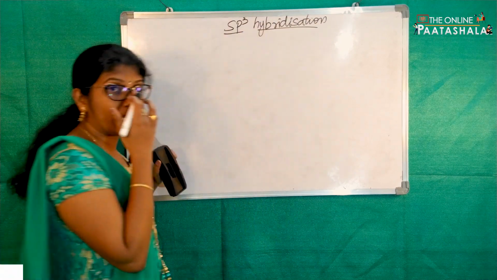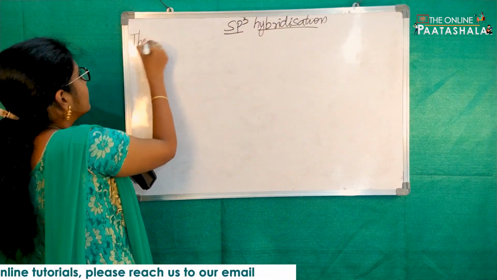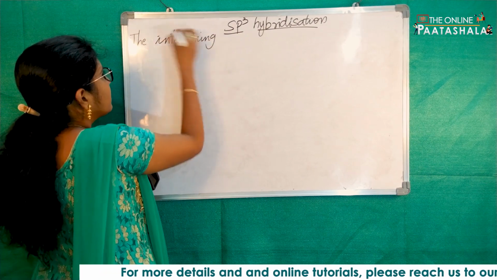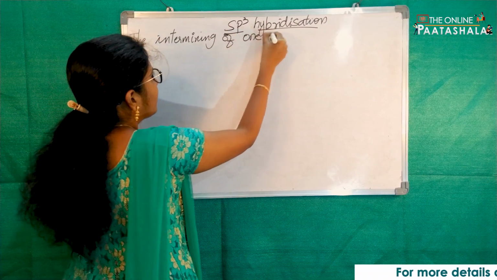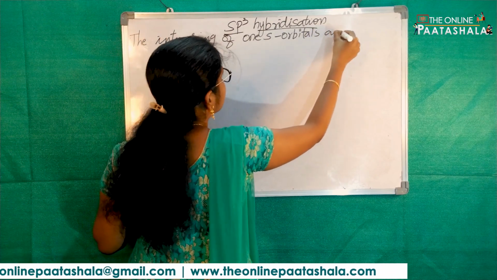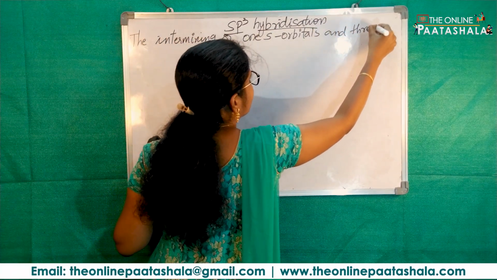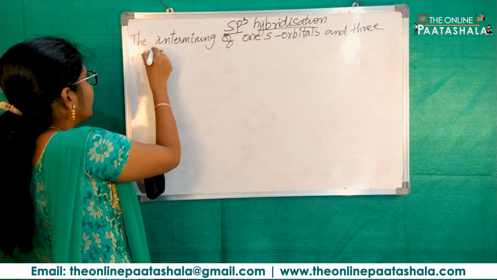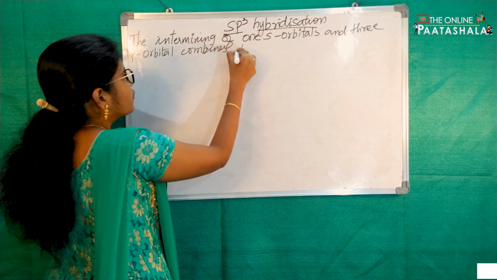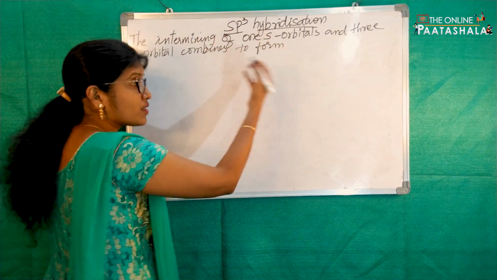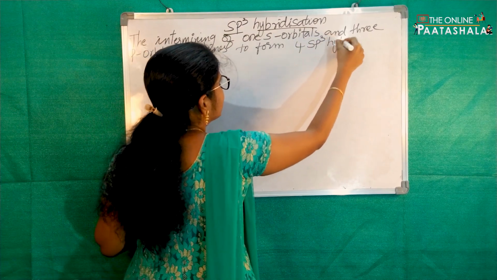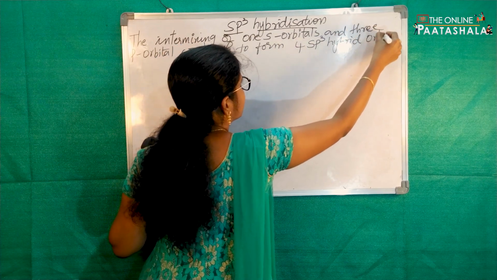Okay, what is sp3 hybridization? The intermixing of one s orbital and three p orbitals combines to form how much? 4 sp3 hybrid orbitals.